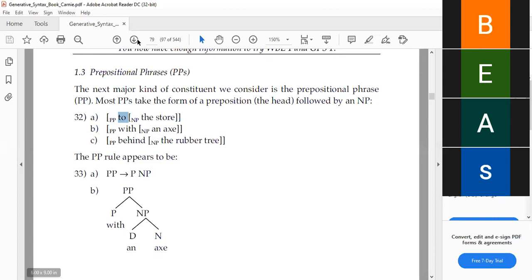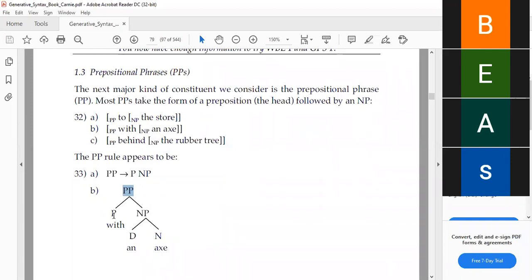And this is the same with an X. So everything is a PP. So to start with, the PP rule seems to be P and NP. And in the tree, prepositional phrase, then we have the branch, P, the preposition.